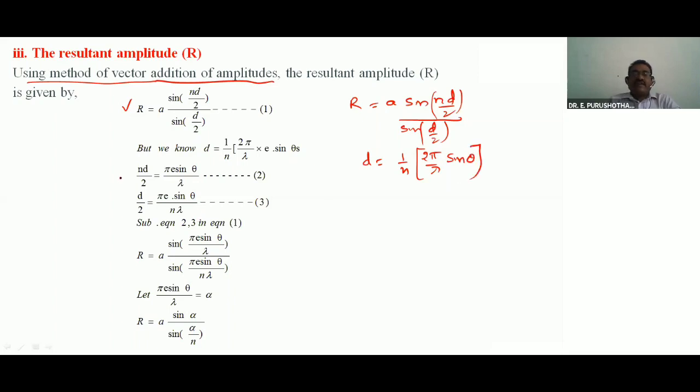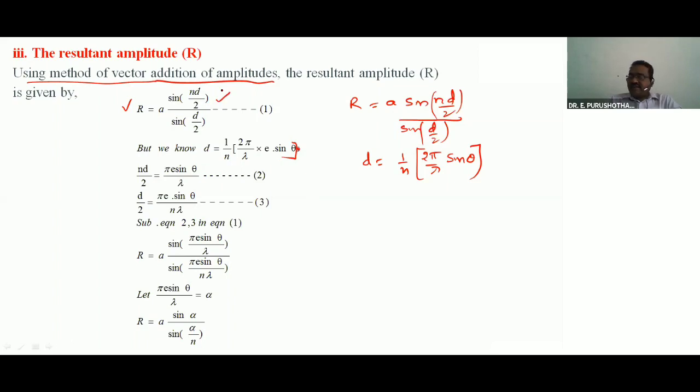So we just calculated this d. We know d is equal to 1 by n, 2 pi by lambda into e sine theta. This is the principle you remember, like a plus b whole square is a square plus b square plus 2ab, you remember yourself.